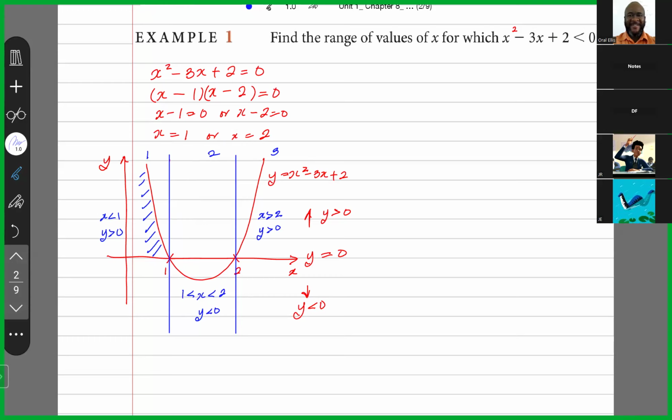So the solution I'm looking for are the values of x in region 2, where y, which is x squared minus 3x plus 2, is less than 0.